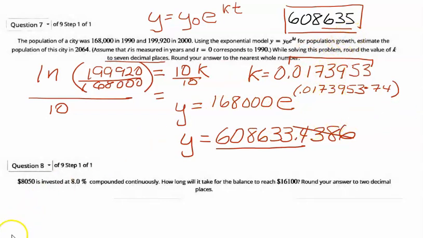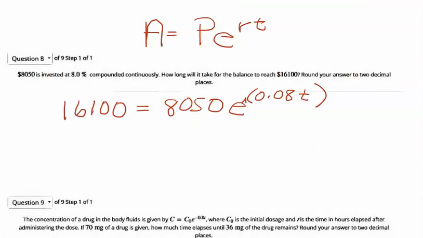Okay, let's go on. In example 8, we see we have something we've done already. Let's see if we can set it up and maybe take a shortcut. Okay, so we need to find T. We know what our future amount is going to be.